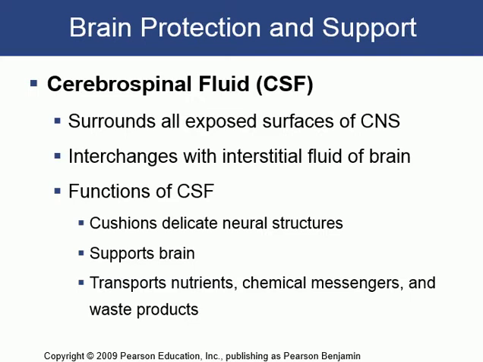What's the good stuff? Nutrients and oxygen. And what's the bad stuff? Waste products, carbon dioxide. This is what the CSF is doing. It goes to the brain, giving them oxygen, nutrients, and takes away waste products and carbon dioxide.